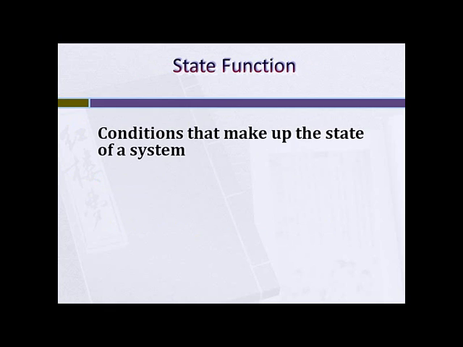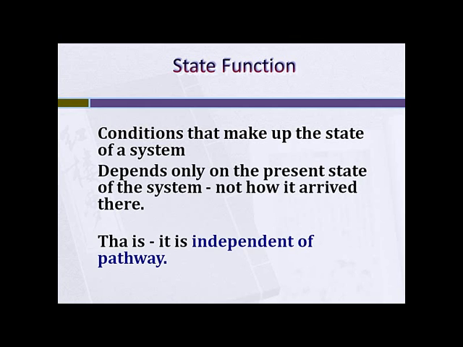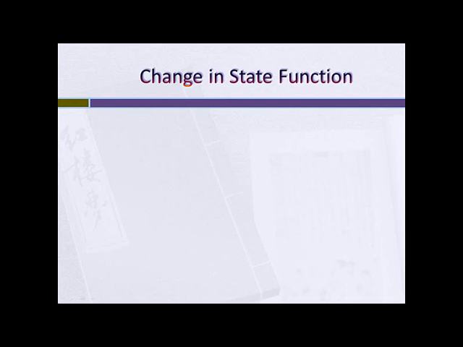We have to define a state function. A state function is the conditions that make up the state of a system. It depends only on the present state of the system, not how it arrived there. You're watching the podcast in some location, and that is a state function. Where you are is not dependent upon how you got to where you are. It is independent of pathway. State functions are independent of pathway.